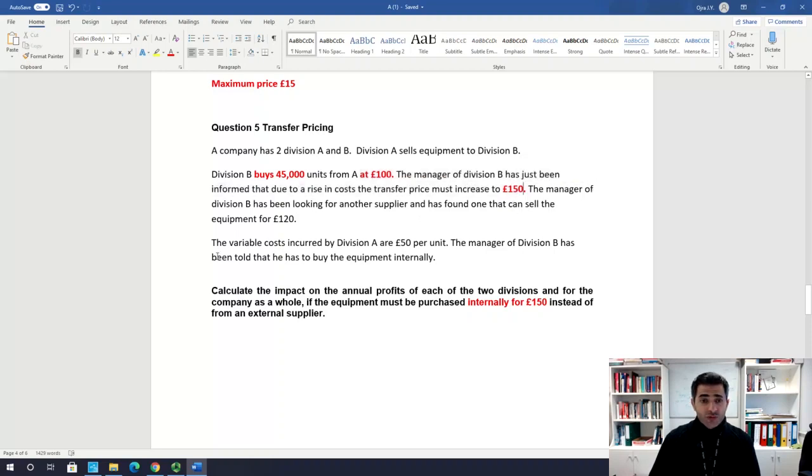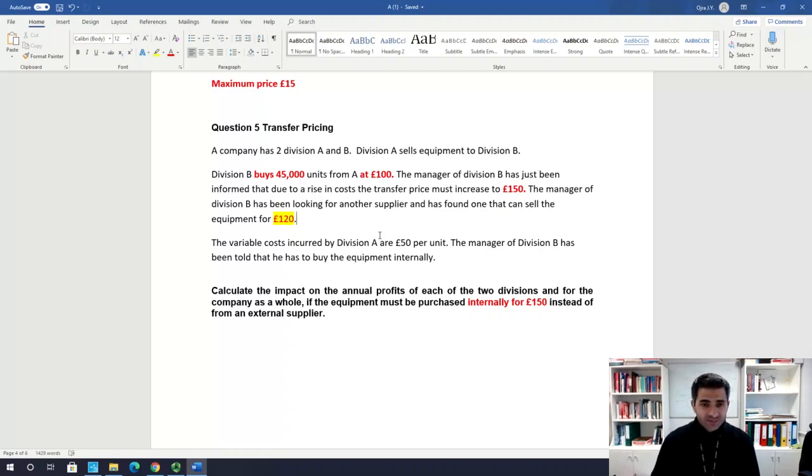The manager of B is not happy, and is saying that there is another supplier who can sell at £120. Of course it's unfair for division B to pay £150 for each unit while they can buy from an independent supplier at £120.